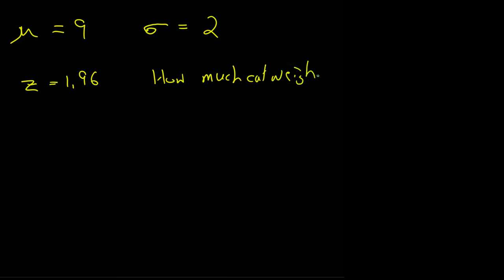And there's a couple different ways we can look at what this value means. We could say, for cats in the 97.5 percentile, what is the maximum weight you could see, since that is the boundary for it? This line has many different meanings in our language. But what we're going to say is, X is equal to the mean plus Z times sigma. So this cat is 9 pounds plus 1.96 times 2.